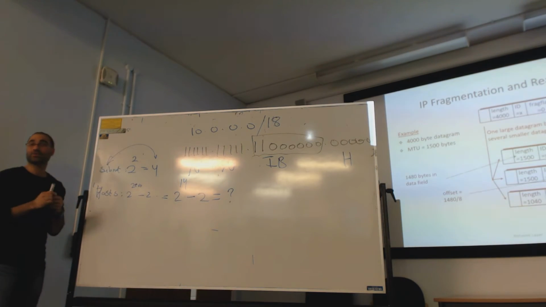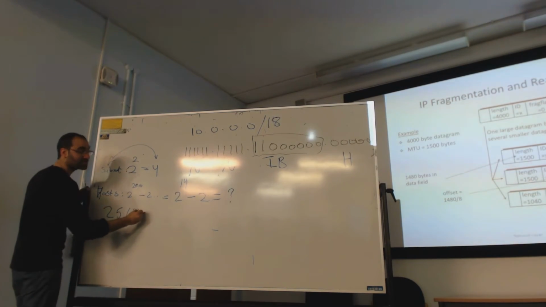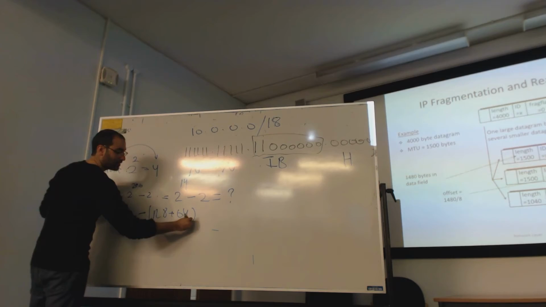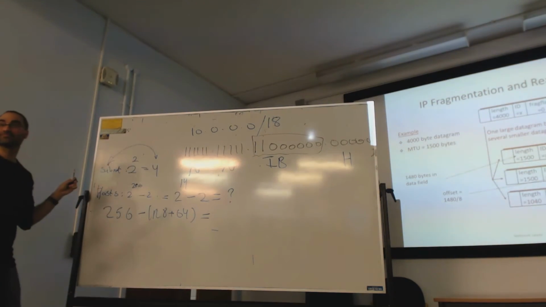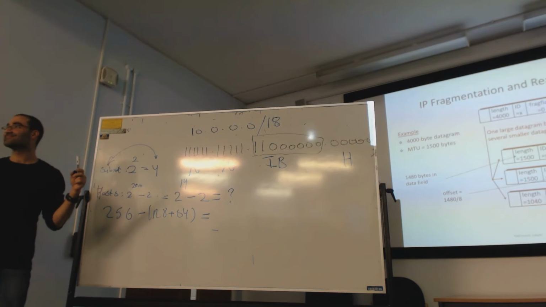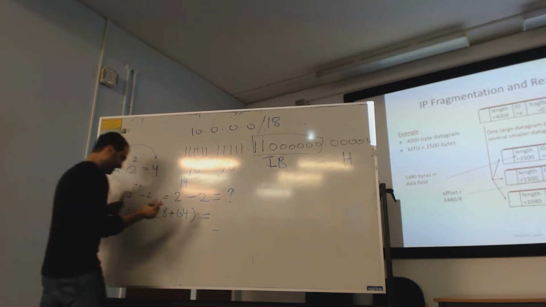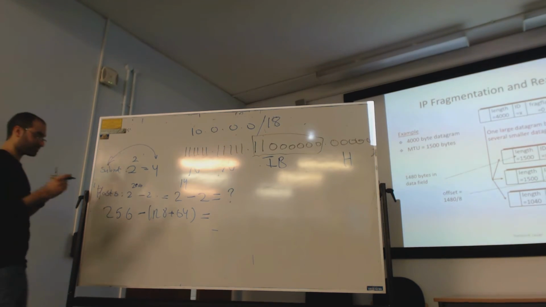Tell me now exactly what's your increment? That's 256 minus 128 plus 64. What's the value? What's the increment?